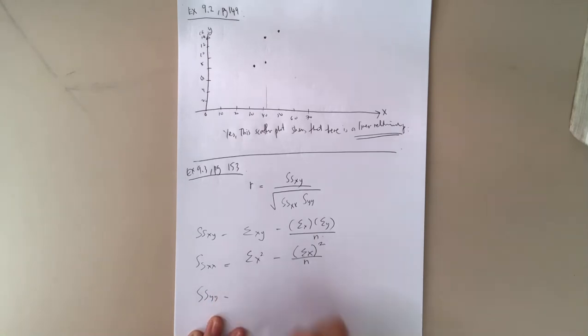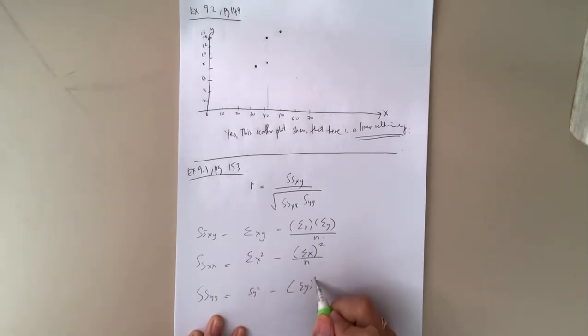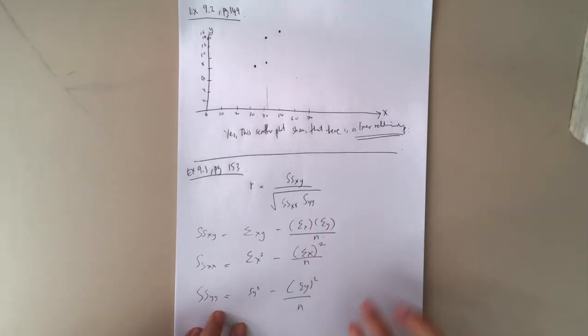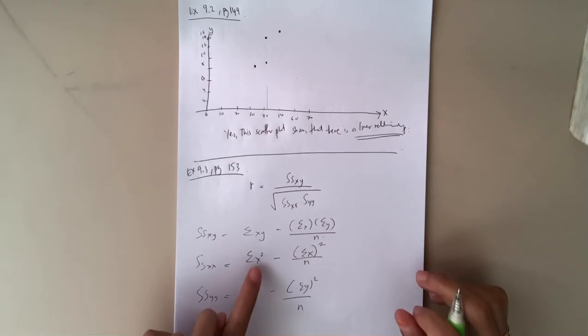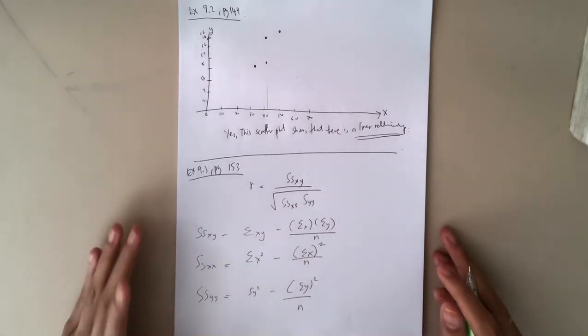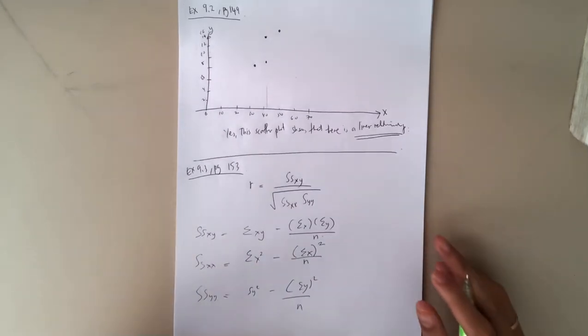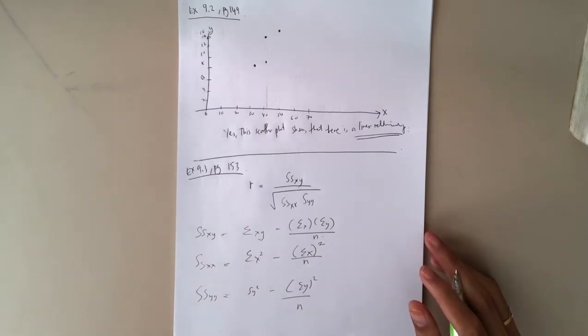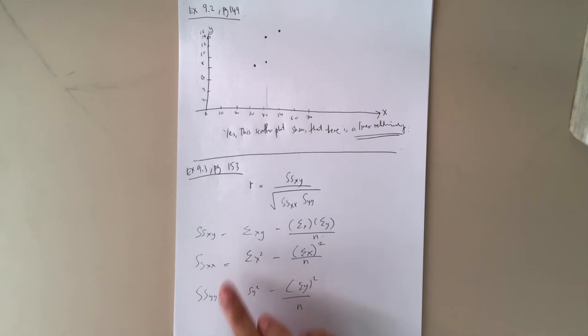And for Syy, it means summation y square minus (summation y) square over n. So basically these three are actually the same thing, the only change is the variable, x or y. So if you want to memorize this formula, just remember one, I think it's okay.